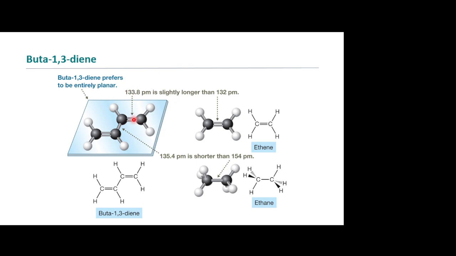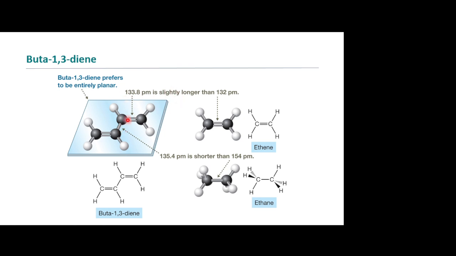The distances are kind of interesting. So what you actually end up seeing is that the single and double bonds actually sort of blend in terms of distance. Okay, so instead of having a single bond that's 154 picometers, the single bond, that's actually not really a single bond, right, is actually 135.4 picometers.